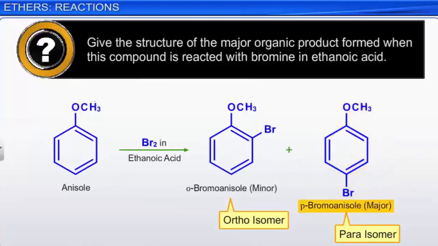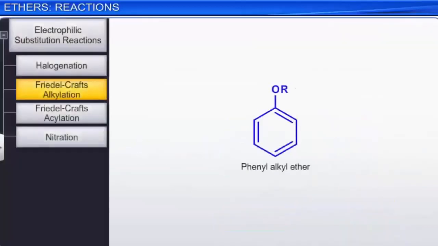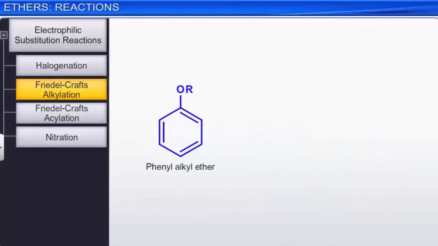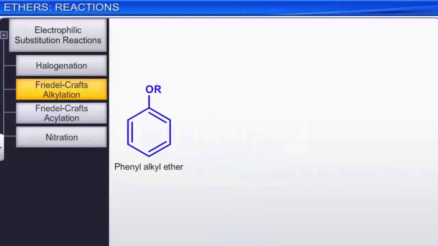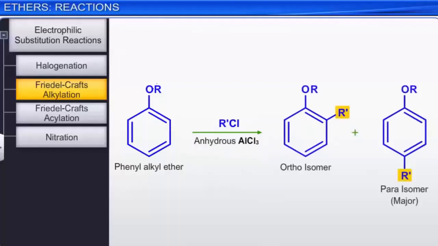Phenyl alkyl ethers will undergo Friedel-Crafts alkylation. Phenyl alkyl ethers react with an alkyl chloride in the presence of anhydrous aluminium chloride, a Lewis acid, and result in the formation of ortho and para-isomeric products. The alkyl group of the alkyl halide will attach to the benzene ring at either the para or at the ortho position.